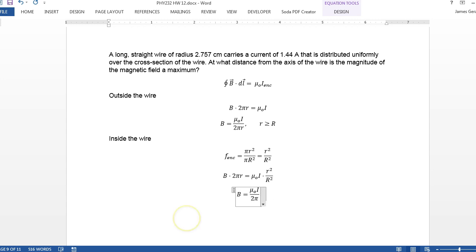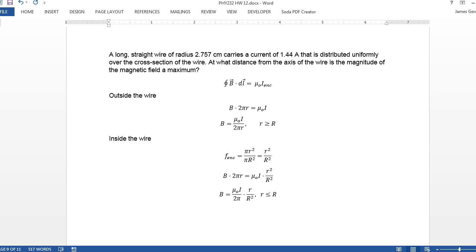One of the r's cancels out, and we've got r over capital R squared. This is for r less than or equal to capital R.